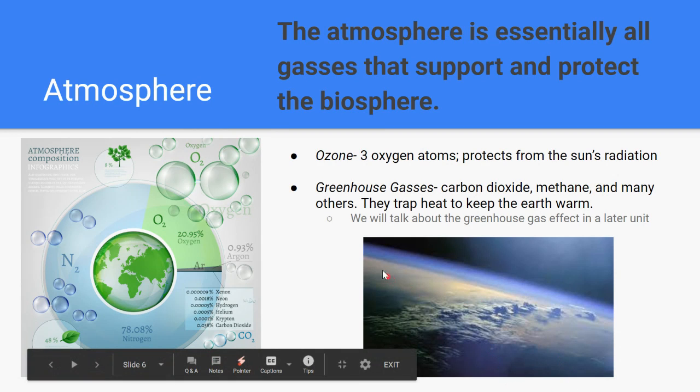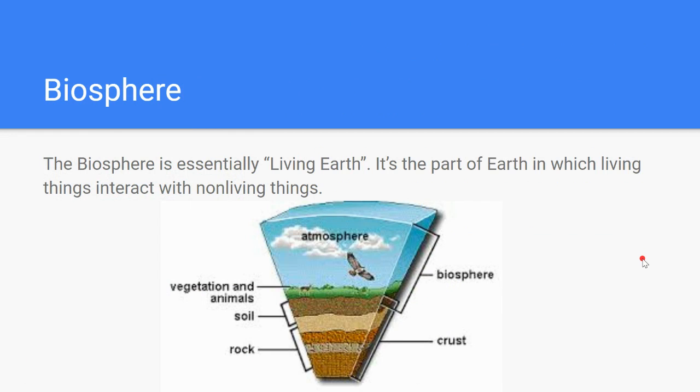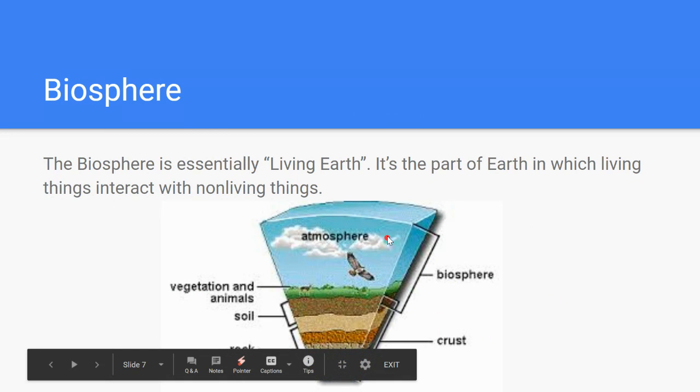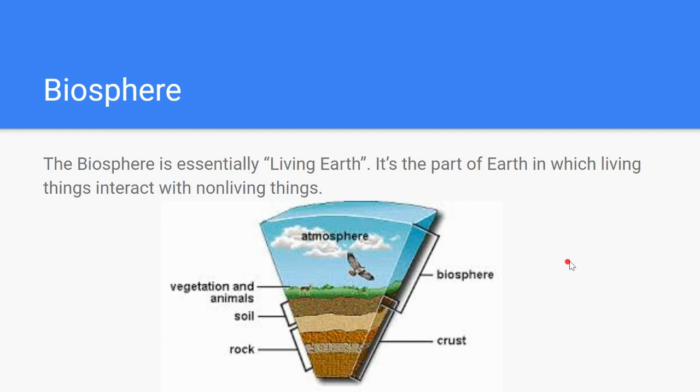If you look at the atmosphere from space, it looks like a light blue kind of haze. And that's essentially the atmosphere. From the atmosphere, we are going into the biosphere. Again, you don't have to have this picture, but it might be nice to just visualize it. The biosphere is essentially living Earth, the part of the Earth in which living things interact with non-living things.